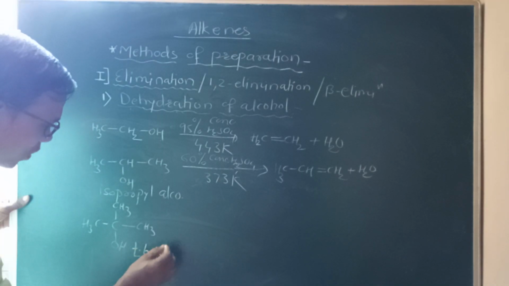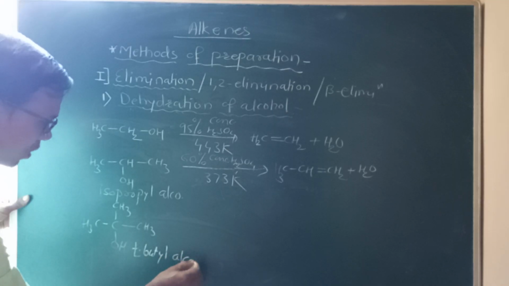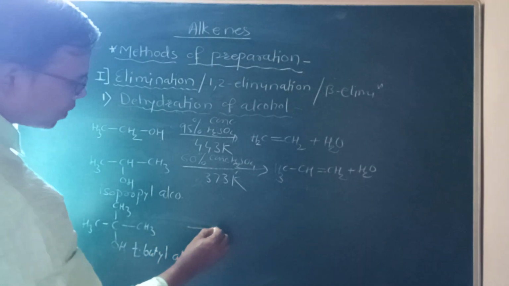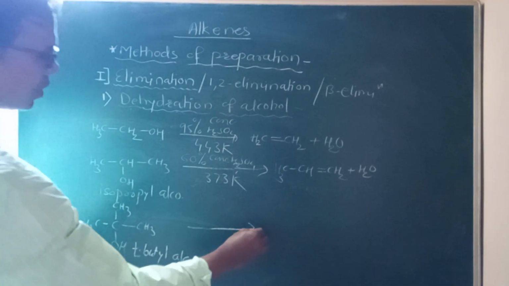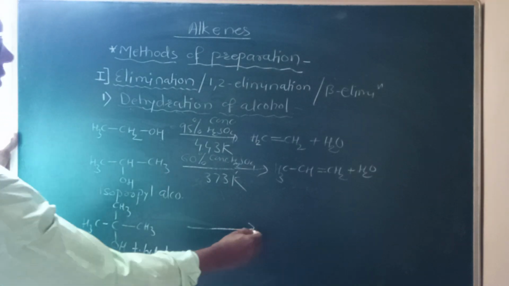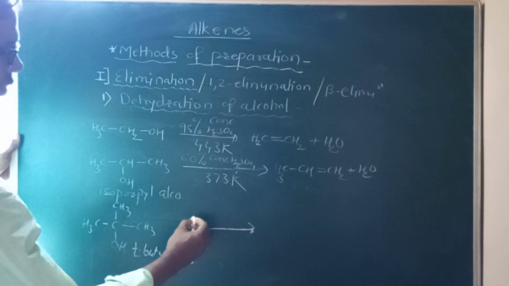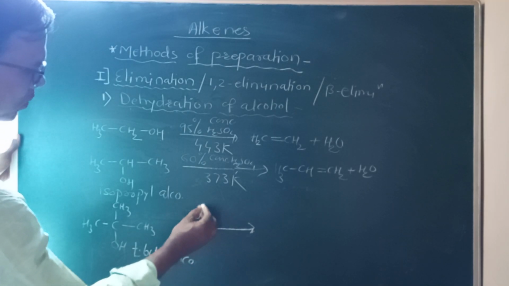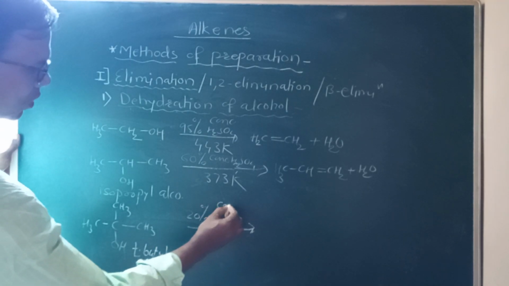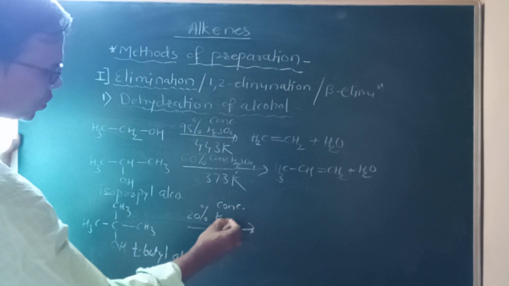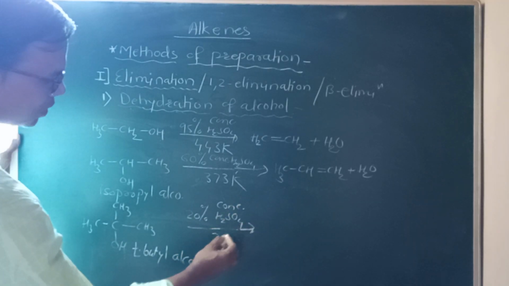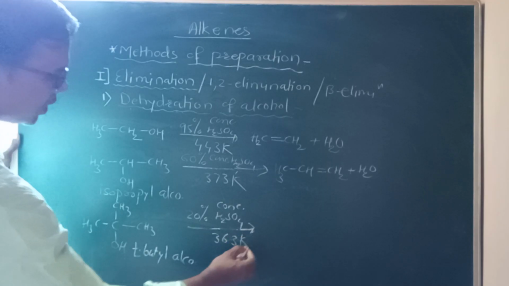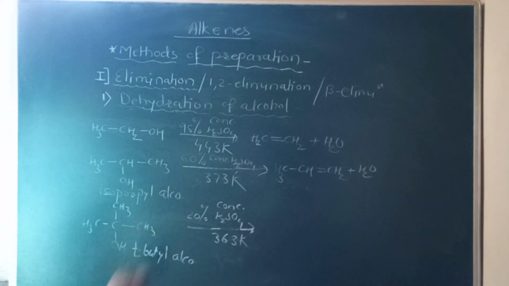For this alcohol, the condition becomes very mild. We need just a 20% concentrated solution of sulfuric acid, H2SO4, and the temperature is 363 Kelvin. That is 90 degrees. Here it's 100 degrees.